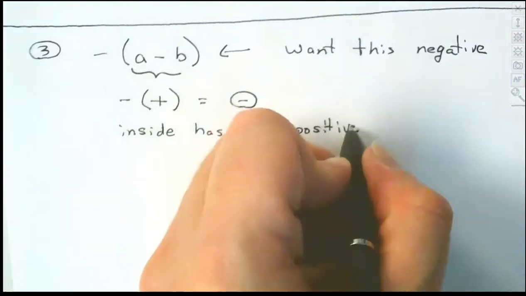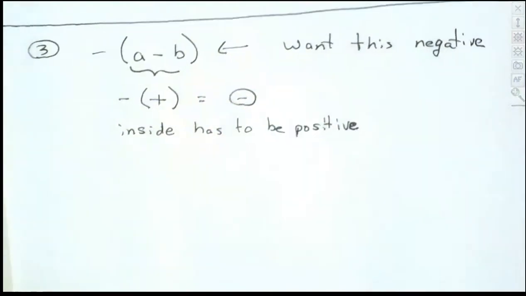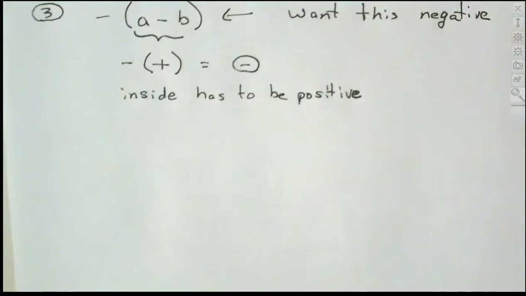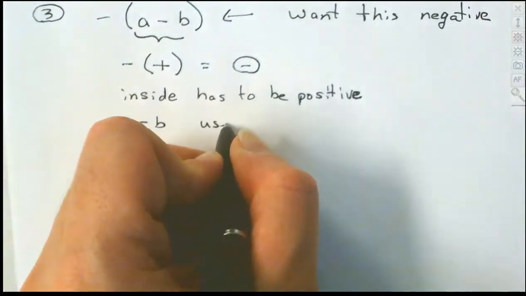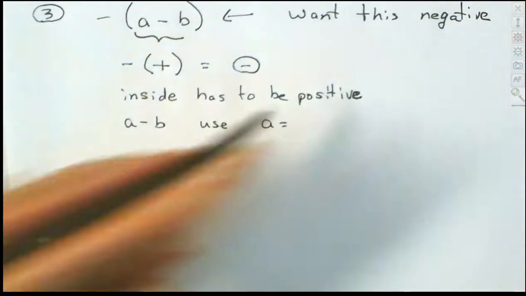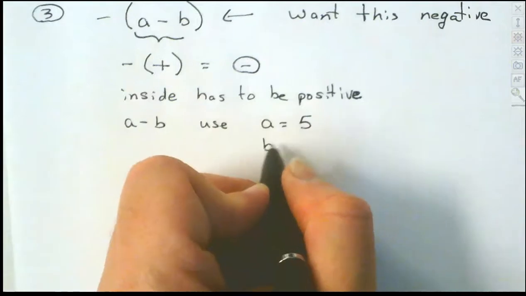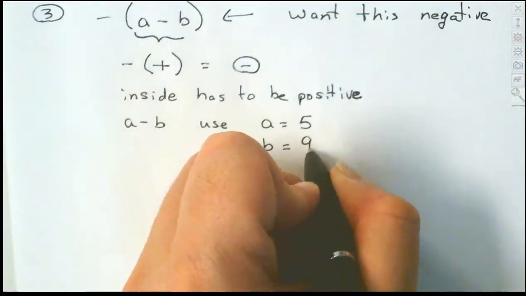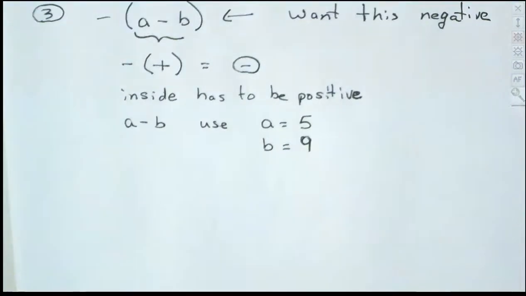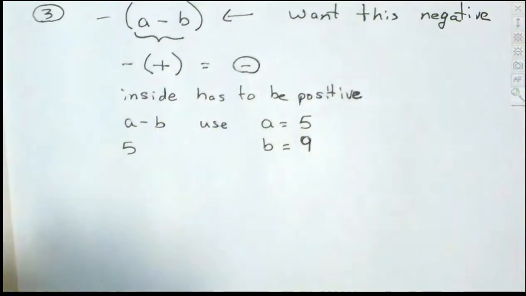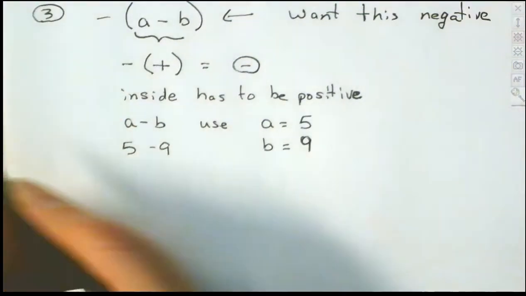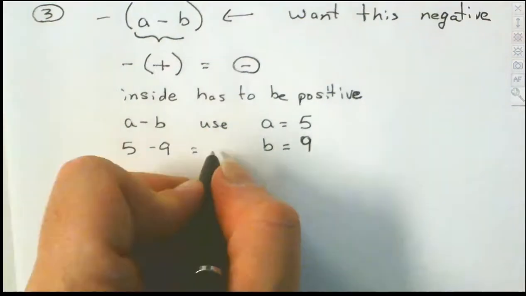Now, how can that happen? How can I make sure that the inside is positive? Well, let's pick some values for A and B and see what kind of results we get. So we're just going to work with A minus B. I'm going to use A is 5, and let's say B is 9. If I plug in A is 5 and B is 9, then I get 5 minus 9, which is a negative 4.